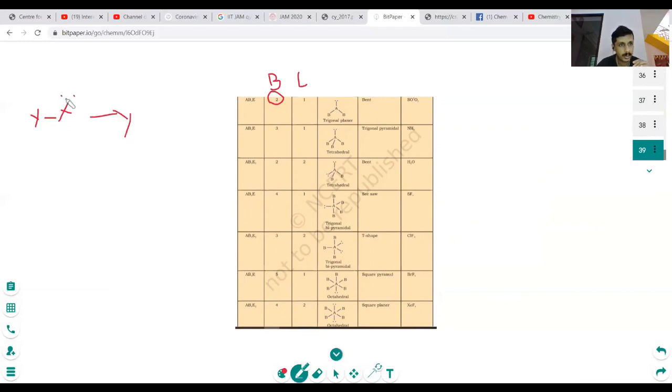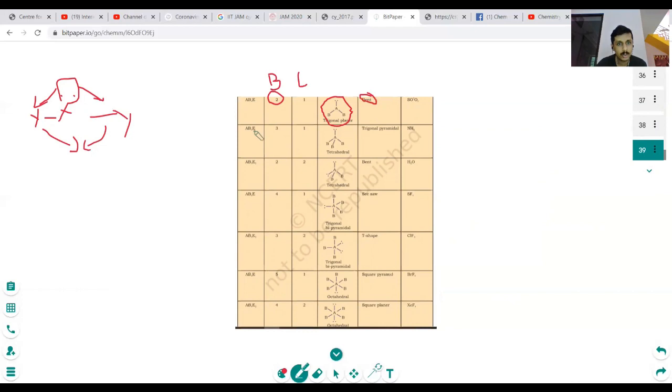But now we have a lone pair like this, and we know lone pair-bond pair interaction will be there. So the bonds start getting pushed like this, by the lone pair, and you obtain a bent structure instead of a trigonal planar. Trigonal planar should be the structure, but you get a bent structure here.